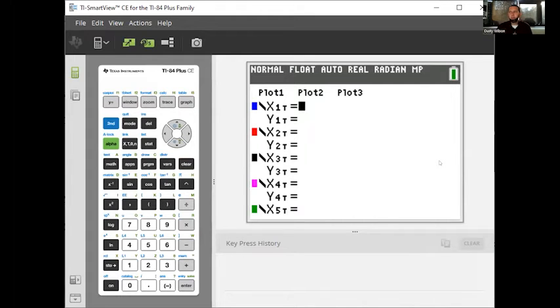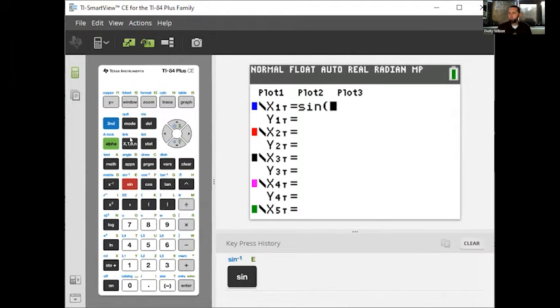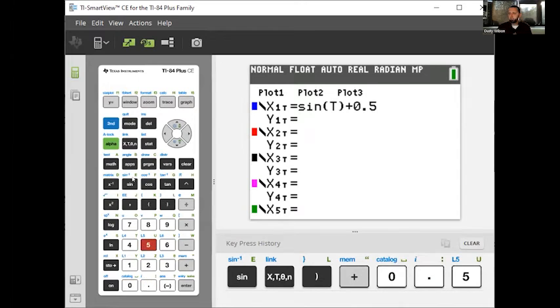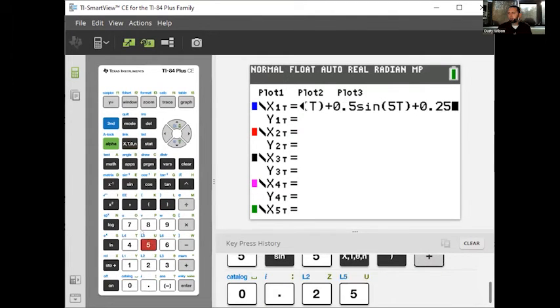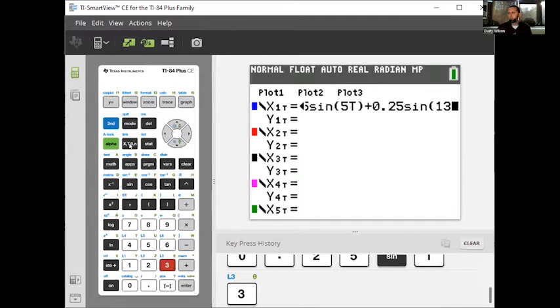So let's begin by entering our equations into our calculator. Our x is going to be equal to sine t plus 0.5 sine 5t plus 0.25 sine 13t.